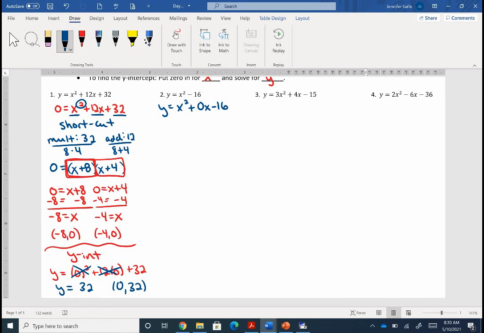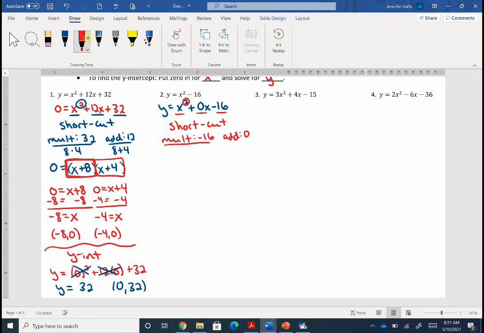So now, same process. I have an x squared. The only number in front of it's a 1. And now I have 1, 2, 3 terms. I have a plain x squared and I have 3 terms. Shortcut.